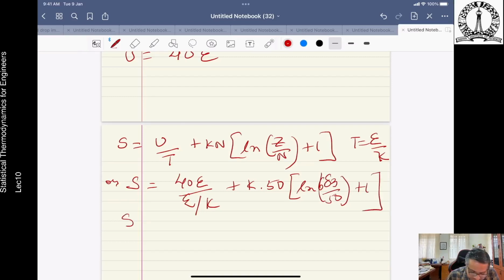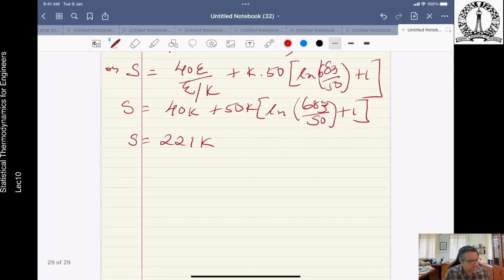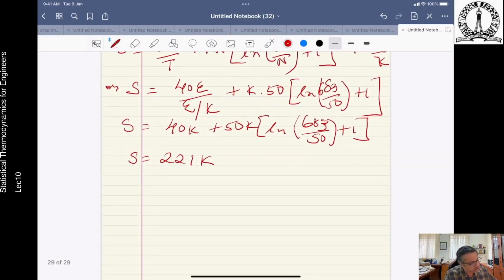So S is equal to 40k plus 50k into ln 683 by 50 plus 1. So S becomes 221k. So this was found out in terms of the partition function.